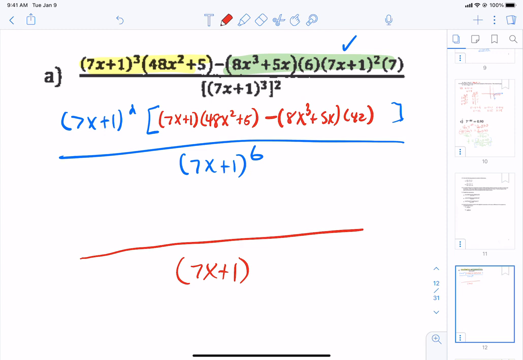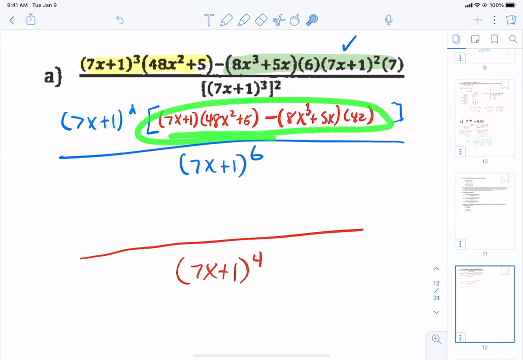We'd have 4 of them left, right? Because I've taken out 2 from the top, so both of those are gone. If I take out 2 from here, I have to have 4 left. Now, since I've canceled those 2 out, all I have left is what's here.